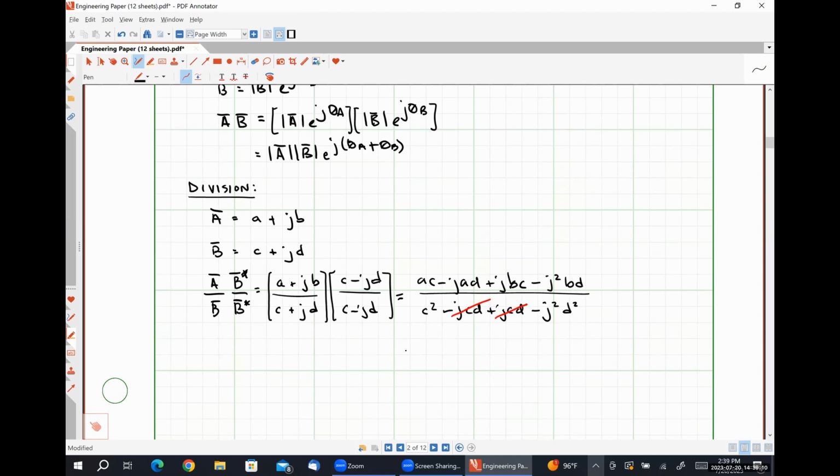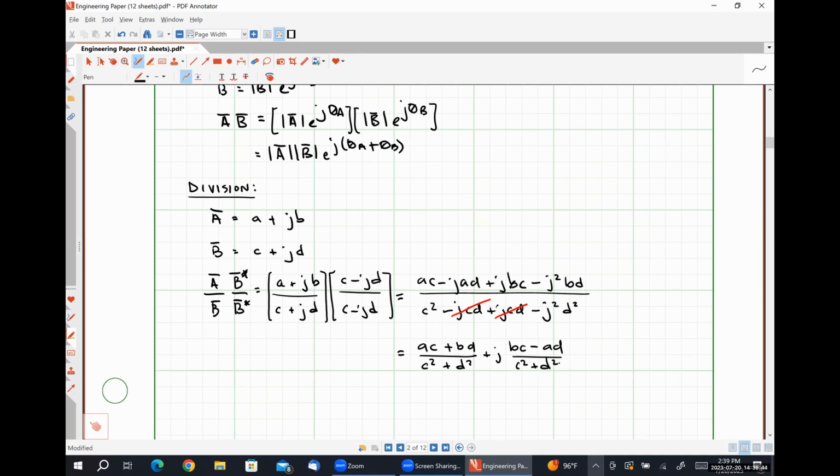So this is going to simplify to AC plus BD divided by C squared plus D squared, plus J, BC minus AD divided by C squared plus D squared.